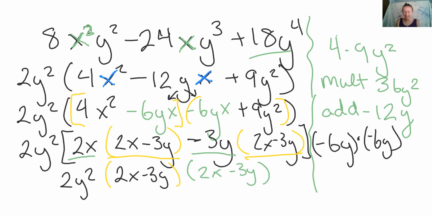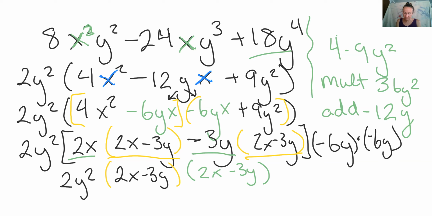Now, we could say that we are done, or we could notice that we have two terms, the one in green and the one in yellow, that are both a 2x minus 3y. And so if we really wanted to, we could rewrite this as 2y. Sorry, let me write it in red.